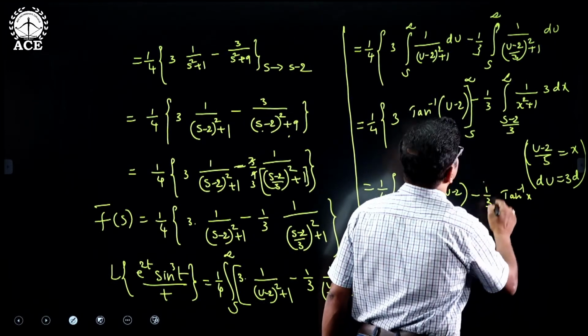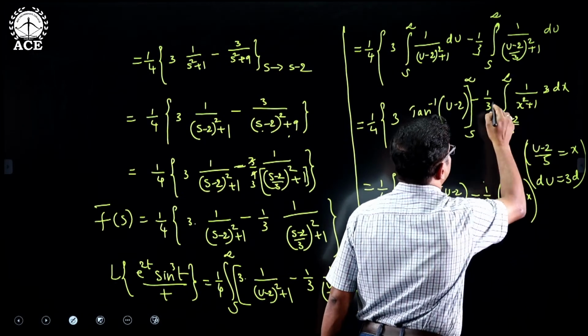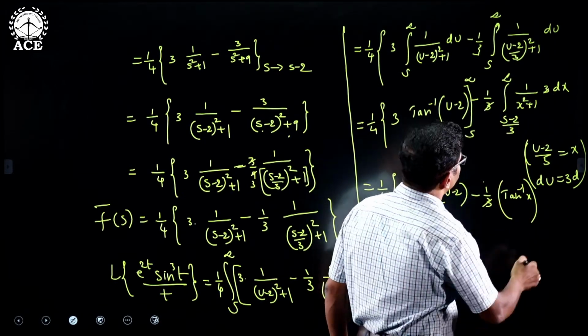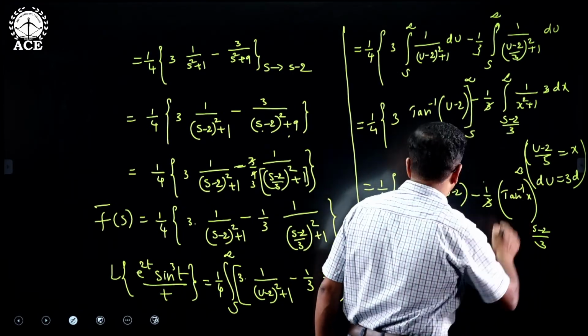Here the limits are, what? This 3 gets cancelled, no? So 1 by 3 will not come. The limits are s minus 2 by 3 to infinite.